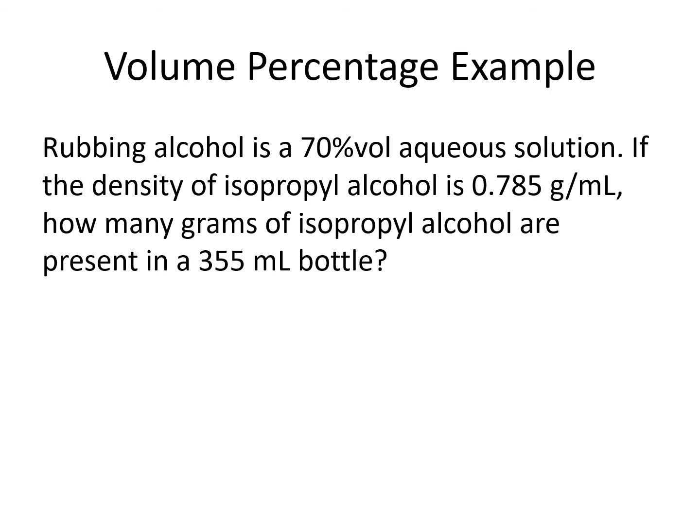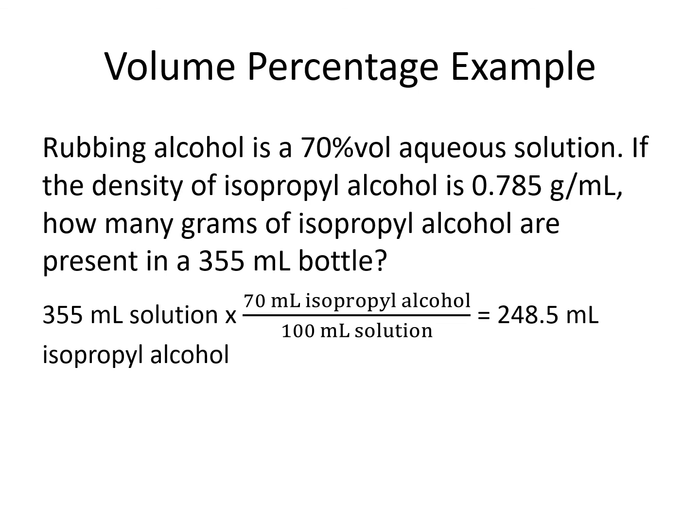And that 70% again tells us that 70% of the solution is our component, in this case the isopropyl alcohol. So out of every 100 milliliters, 70 of those would be the isopropyl alcohol. So we can do 355 times 70 divided by 100, and that tells us out of the 355 milliliters of solution, 248.5 of those are the isopropyl alcohol.